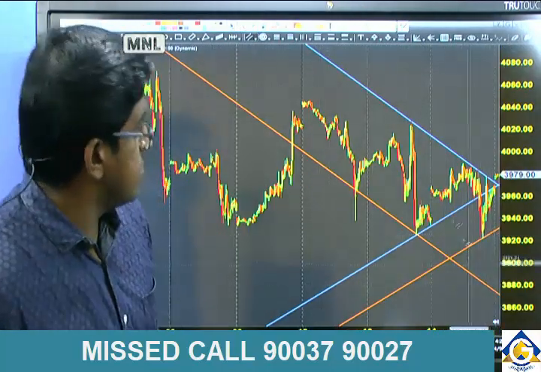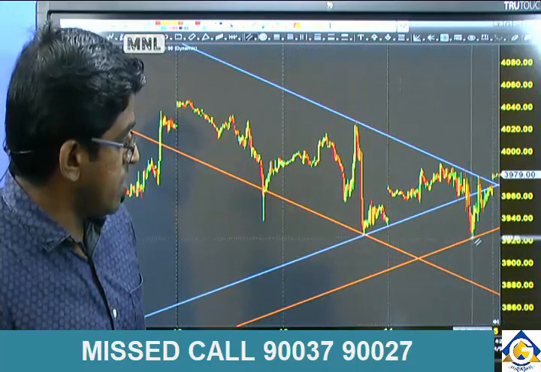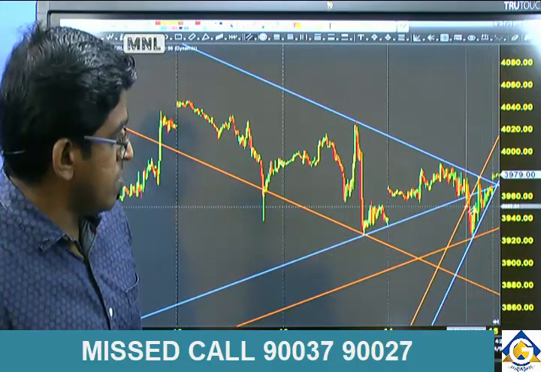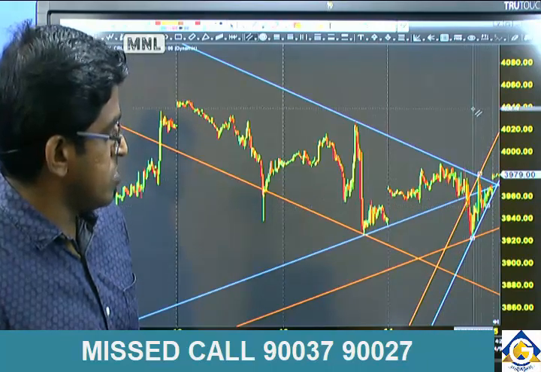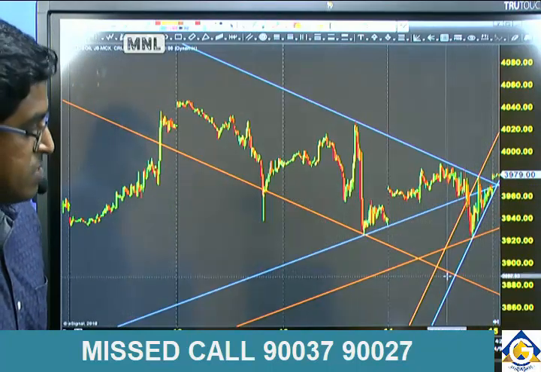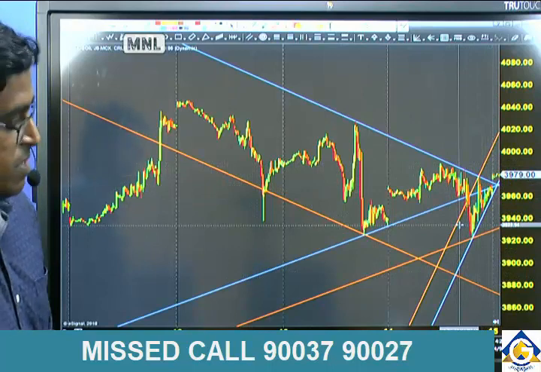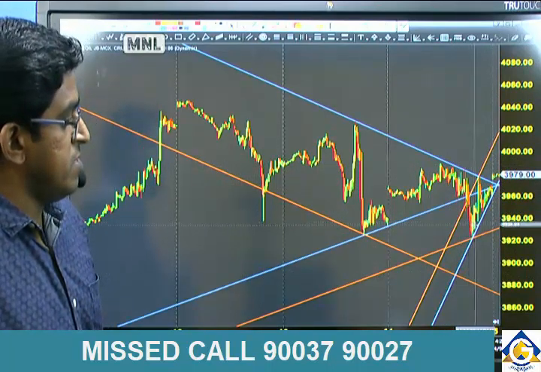I'm going to increase the scale. Most recently the price tried to move in this way. There is another chance that the price can move along with the trend. This is another way to draw a trend channel here.